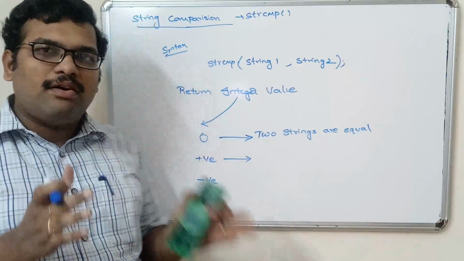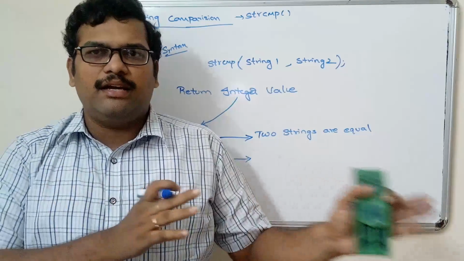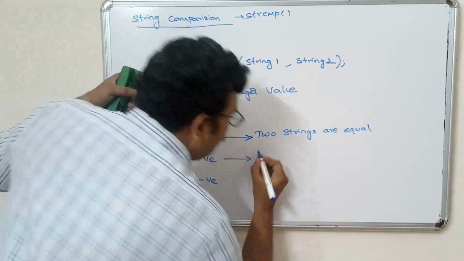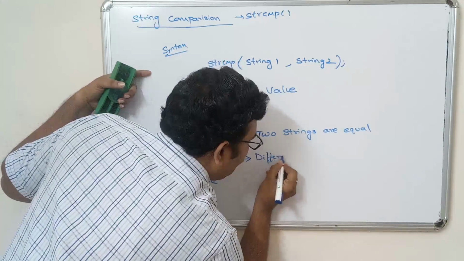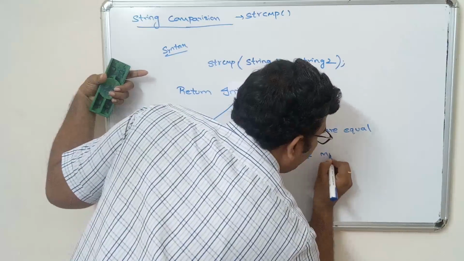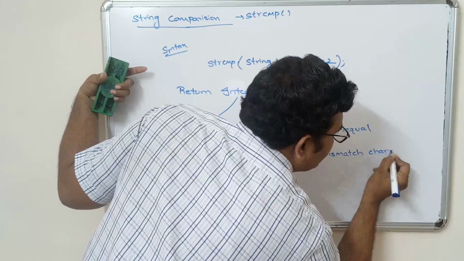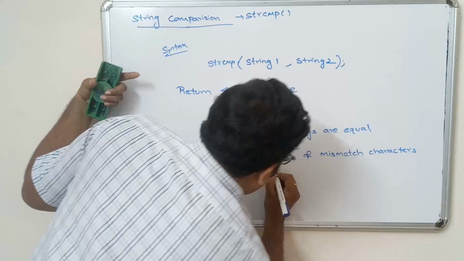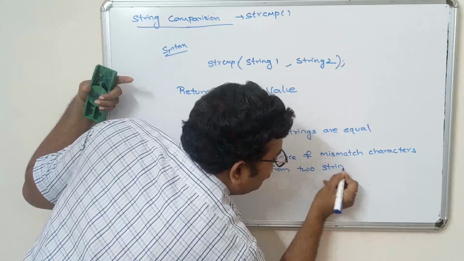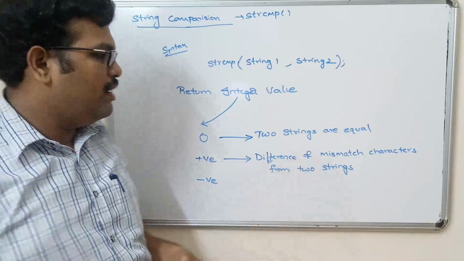If two strings are unequal, that means if any one of the characters mismatches between the two strings, then it will return the ASCII difference of the mismatched characters from the two strings.